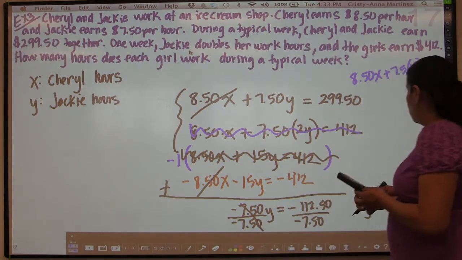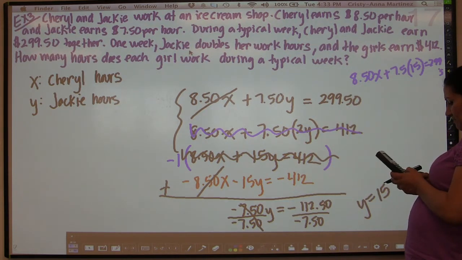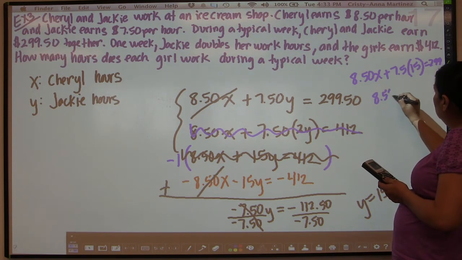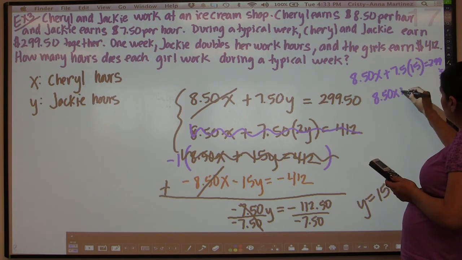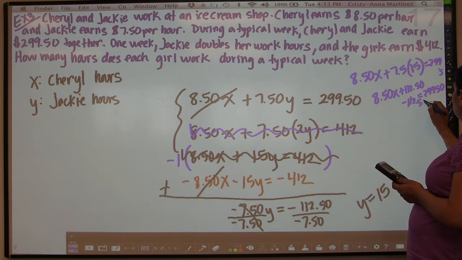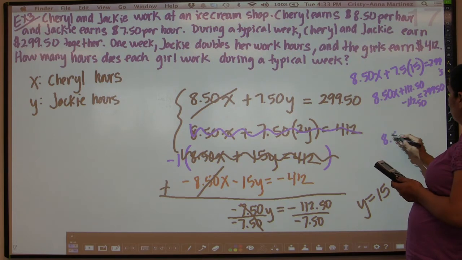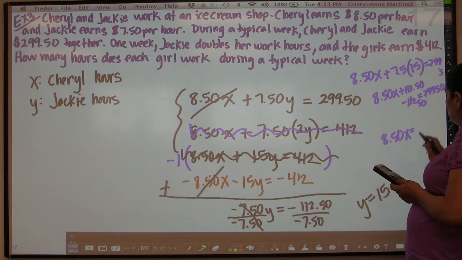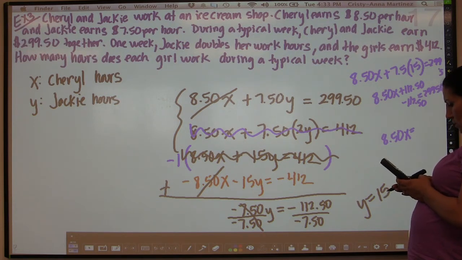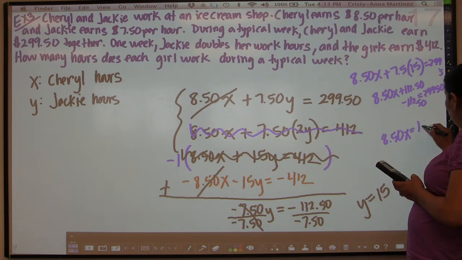Okay, so we got 7.5 times 15, so we get 8.50x plus 112.50 equals 299.50, and then we want to subtract the 112.50 from both sides, so 299.50 minus 112.50 leaves us with 187.